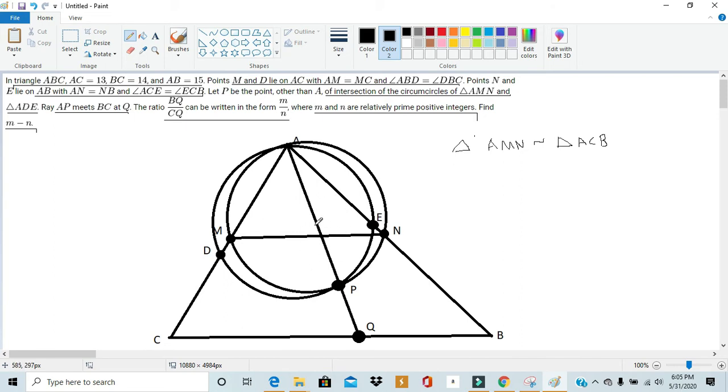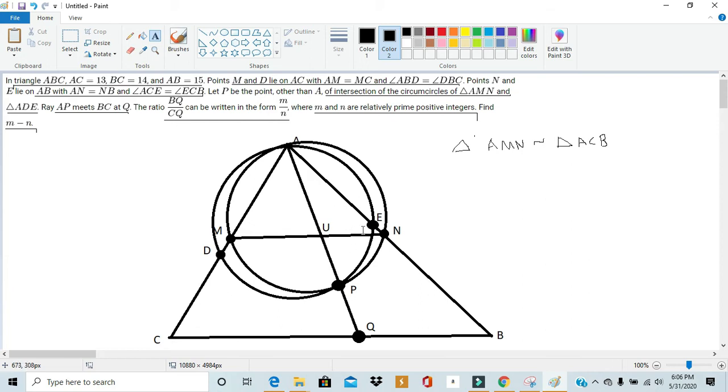How about U? Well, we see that triangles AMN and ACB are centered at the same vertex, and they're basically the same triangle, except one of them is just an enlargement of the previous smaller triangle. And we see that in order to get from AU to AQ, we just enlarge the triangle AMN to scale ACB and enlarge line segment AU to AQ.